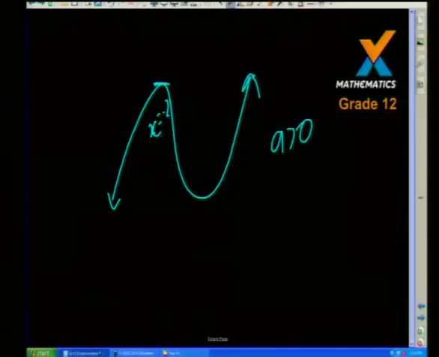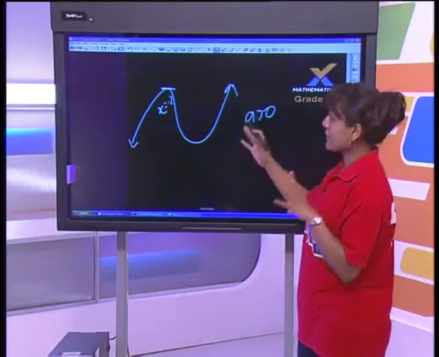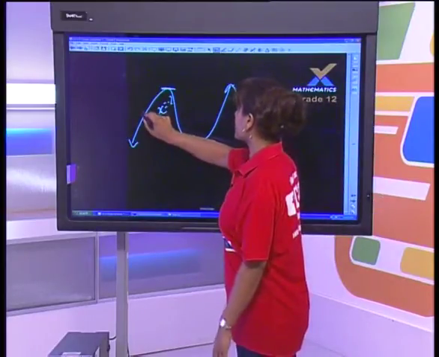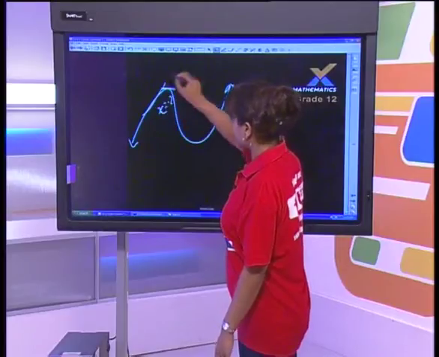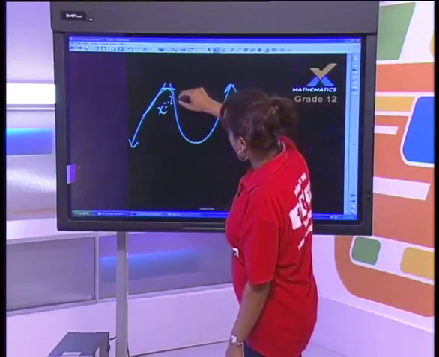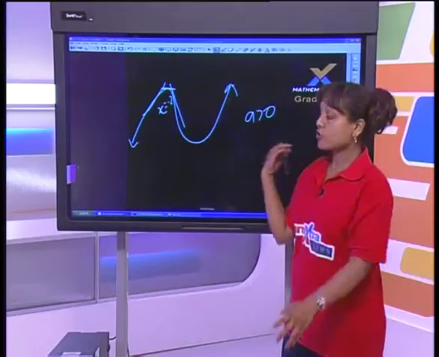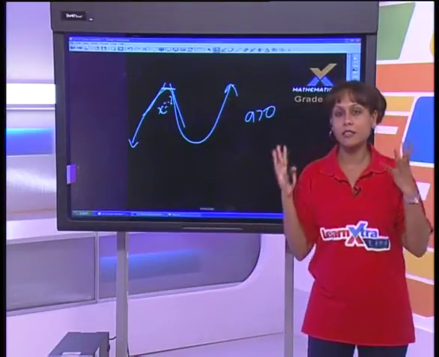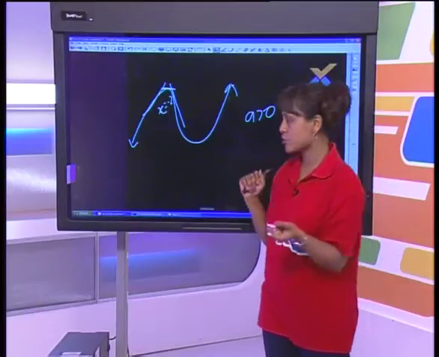Okay, so we can see that the graph is turning there at that point, and they want to know, why is it a local maximum? Well, if you look at the graph itself, all right, you can see that if you were to draw a line at this point on the graph and then another one on the other side, okay, those lines would have different gradients because they're doing different things on either side of x is equal to minus 2.